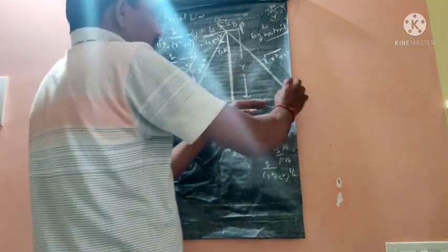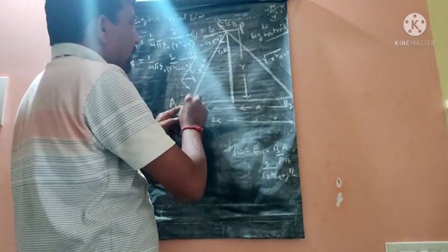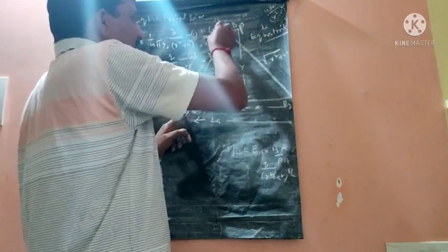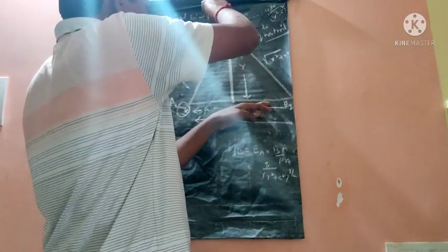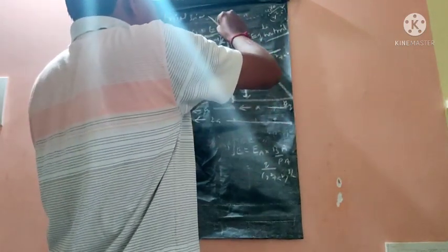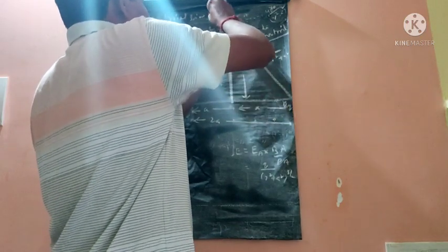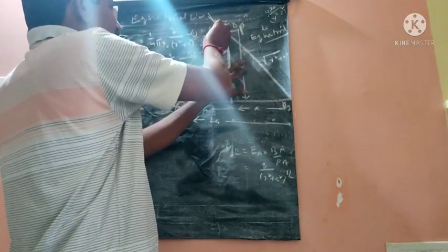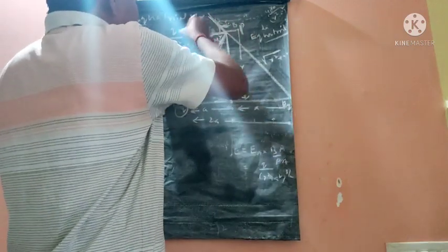So here the electric field due to point plus q is acting in the PA direction, and the electric field due to minus q is acting in the BP direction. These two are considered as the sides of the parallelogram. So the resultant vector is passing through like this. This is a diagonal, it is acting in the PX direction.